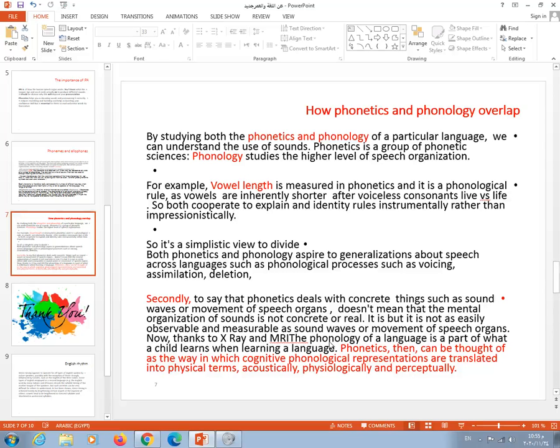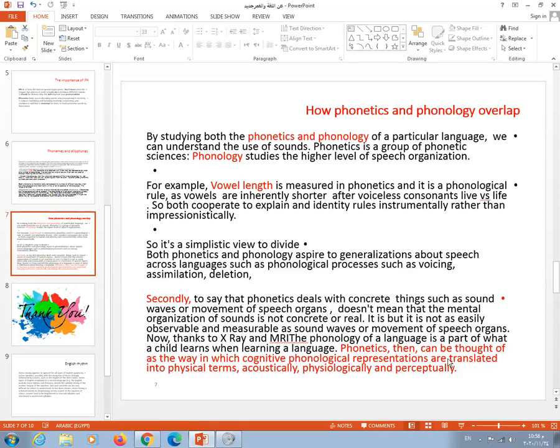But today, thanks to technology, we have X-ray and MRI, which shows brain activity. We can see also phonology, how sounds are organized, and we can know more about this.